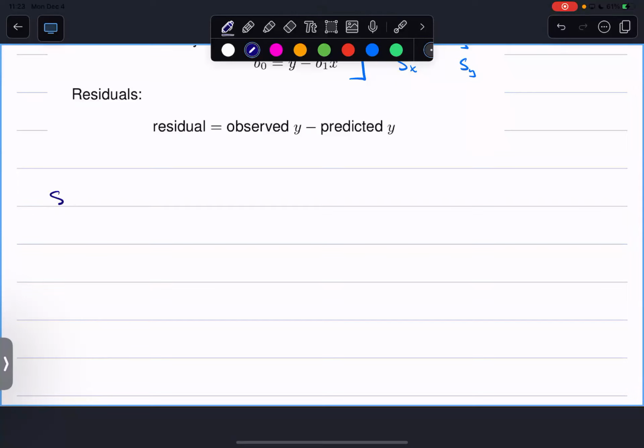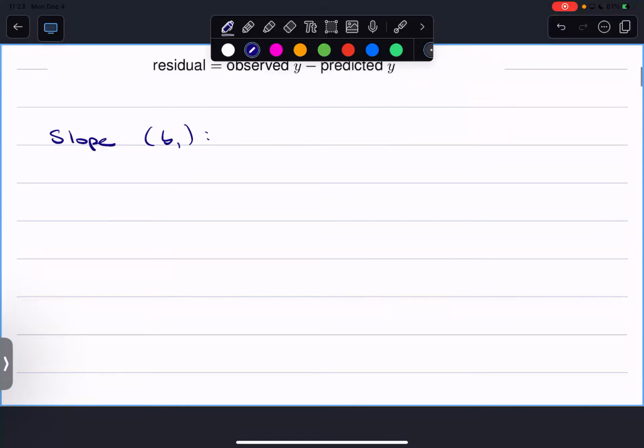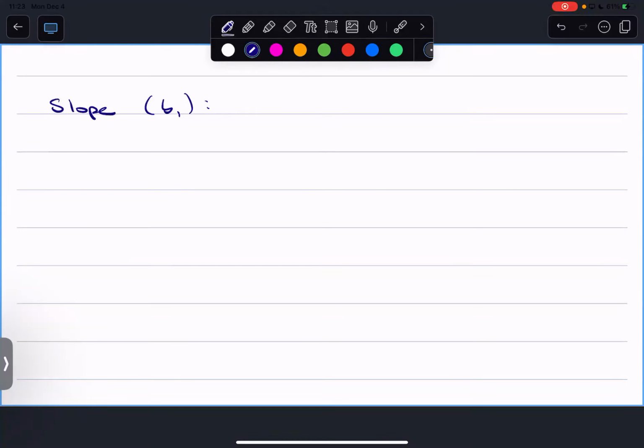And so to interpret the slope, which is b1, the slope is for each unit increase in x. Now that unit increase in x is really important. So for each unit increase in x, now you would substitute in whatever your x is, right? Percentage of high school grads, for example.